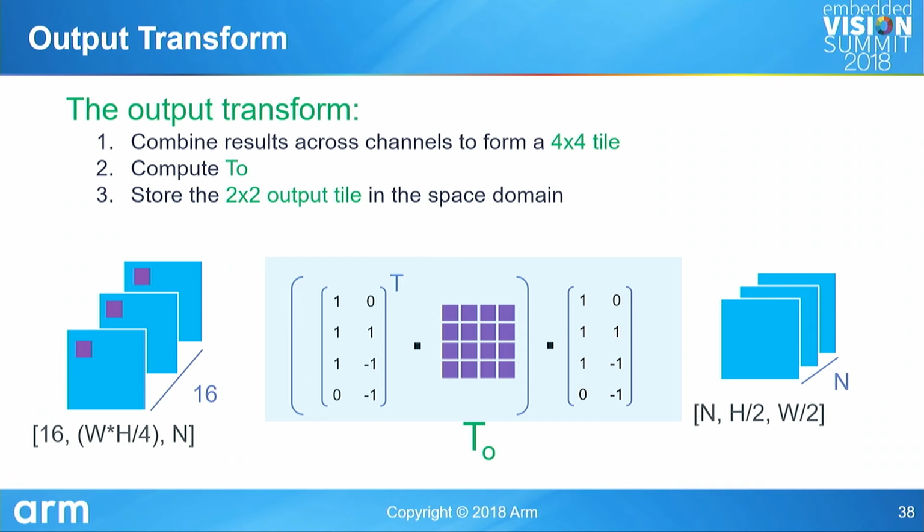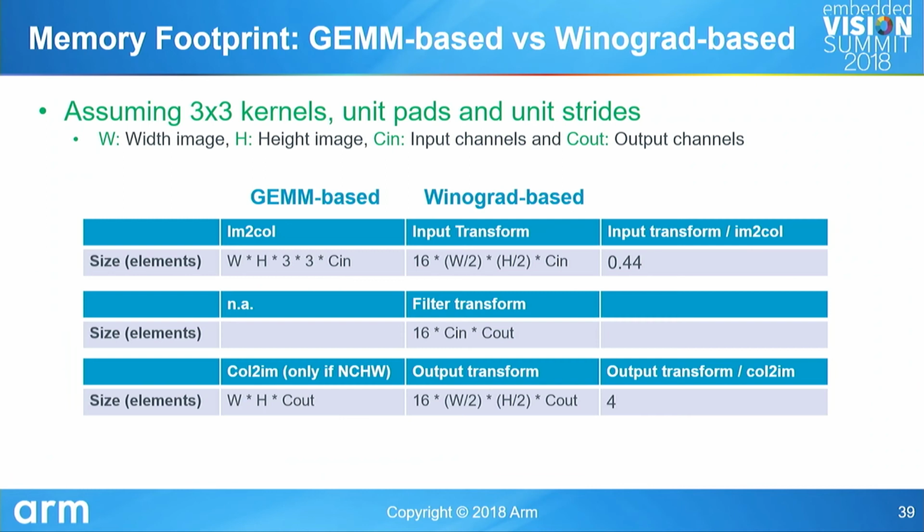So essentially, we need to load the 16 values across the channels, and we need to perform a similar operation to the input transform and filter transform. This operation will return a 2x2 matrix, which should be stored in the correct position of the output tensor.